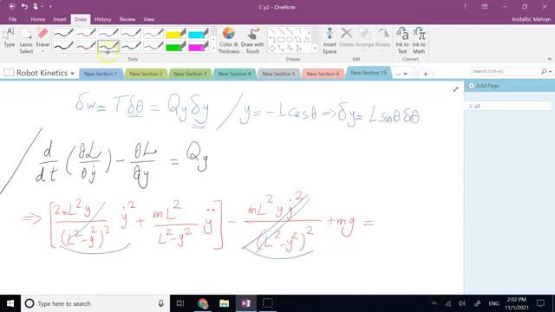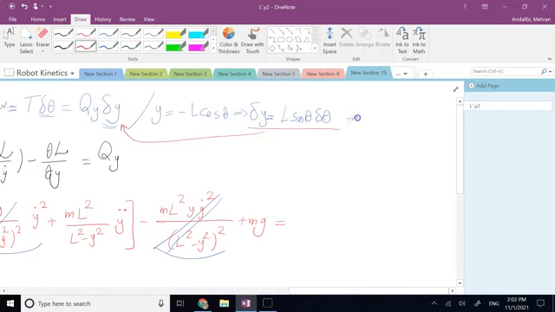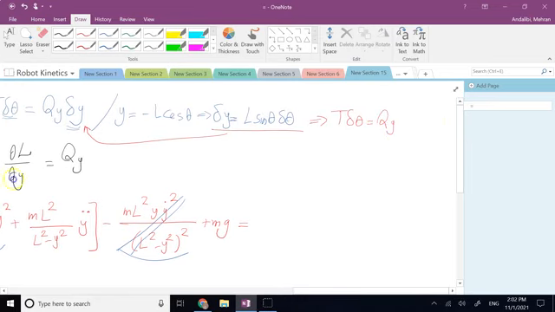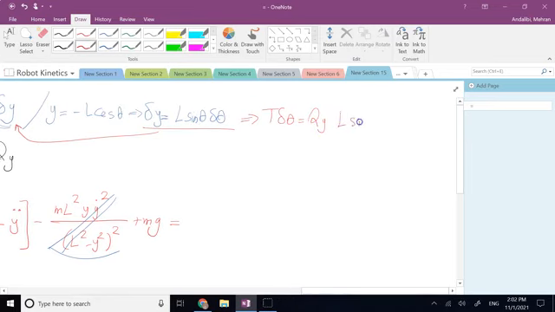So if that's the case and you plug that in here, you will get that T variation theta is equal to Qy times L sine theta times variation theta. And if you consider simplification here, your Qy is going to be T over L sine theta.